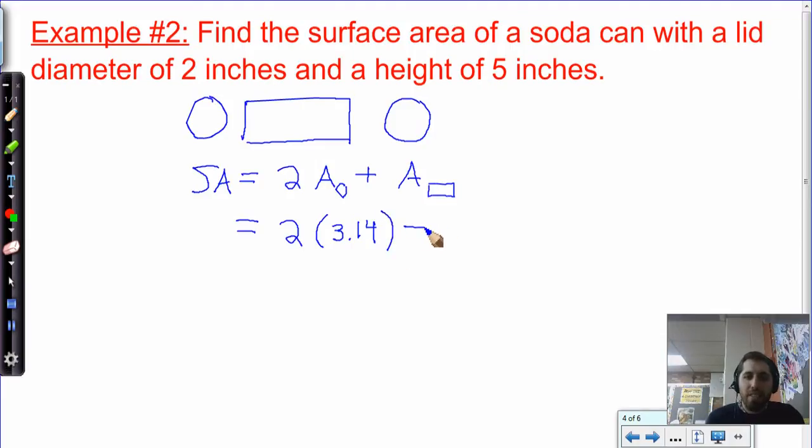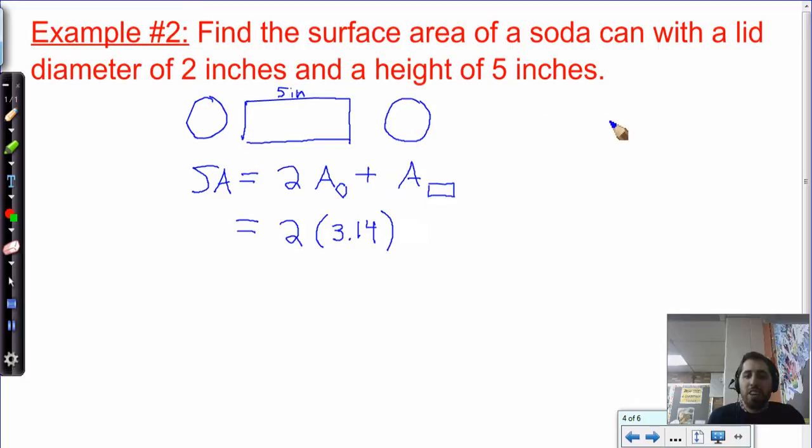That's easy enough. But I didn't want an equal sign there. I need to say we need to add the area of the rectangle. Now we know that the height is 5 inches, so it'll go 5 inches from top to bottom. But, and I drew this too small, what measures the distance around the circle, the lid that this has to be able to wrap?